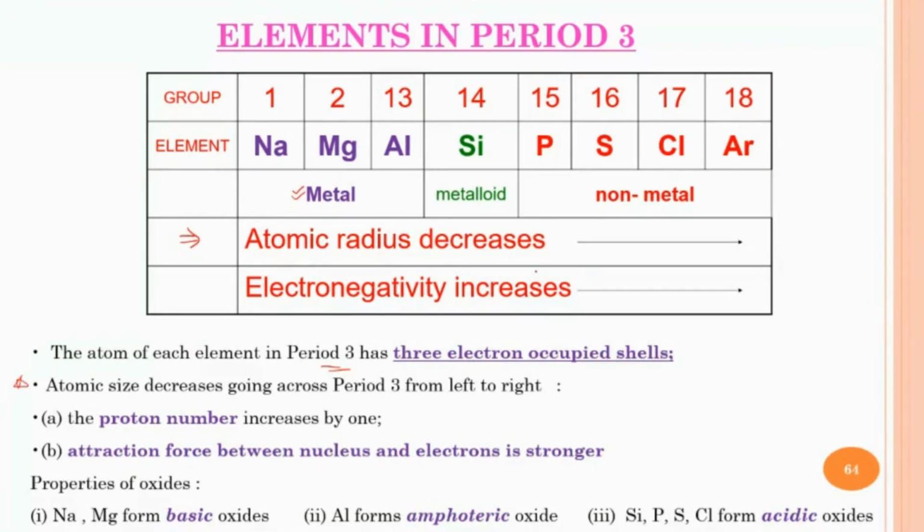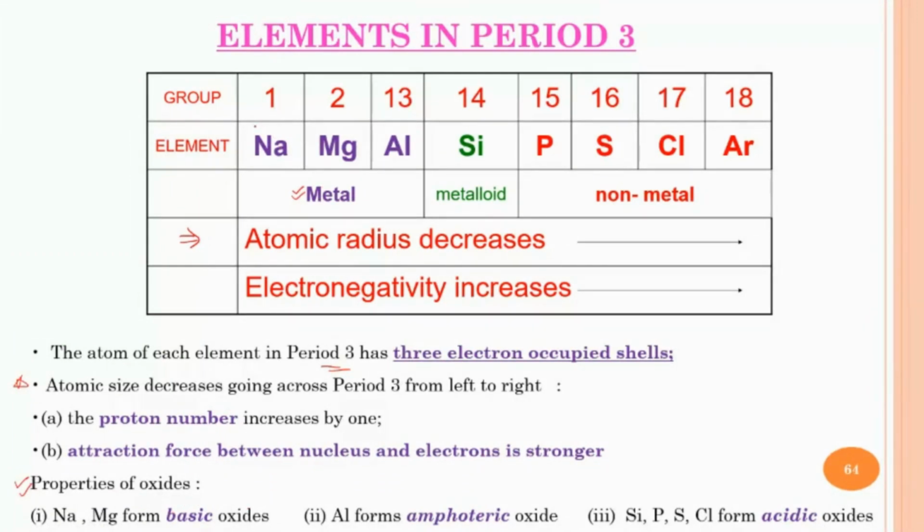Another one is the properties of the oxide. Oxide here means when you combine with oxygen: sodium oxide, magnesium oxide, aluminum oxide, silicon oxide, and so on. Sodium and magnesium form a basic oxide.